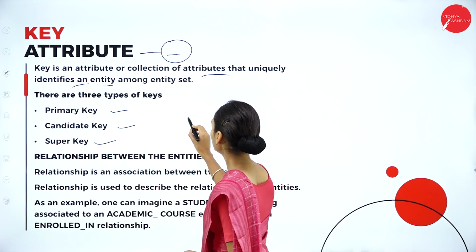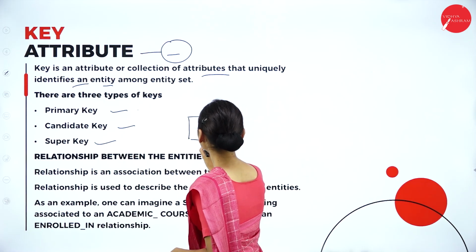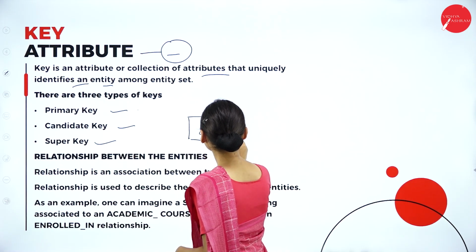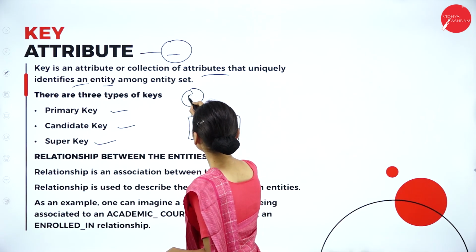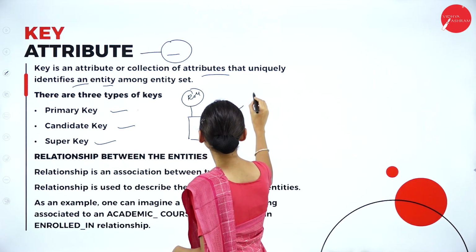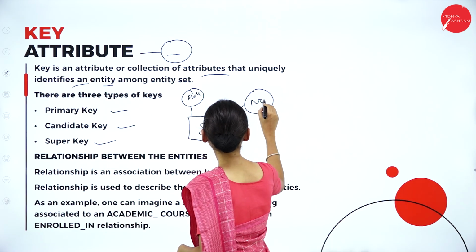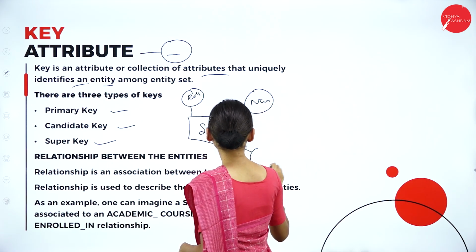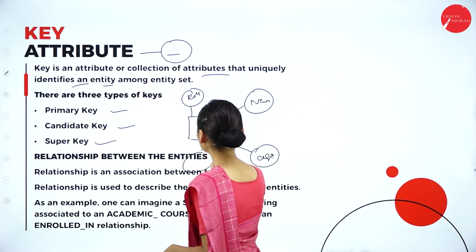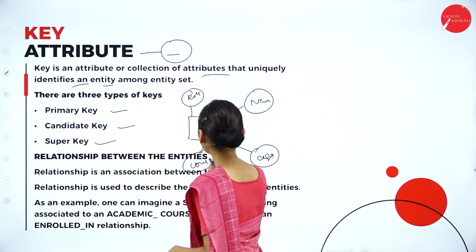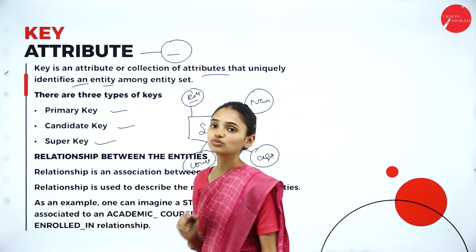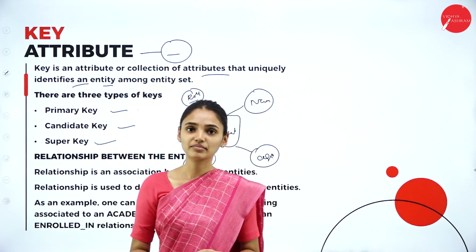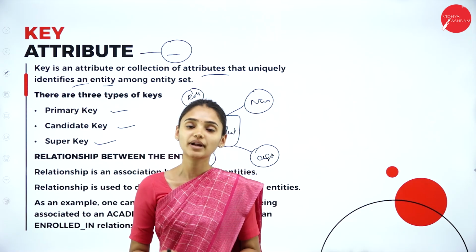Say for example, student. Here the primary key is the roll number which is unique and identifiable. That is example for primary key.